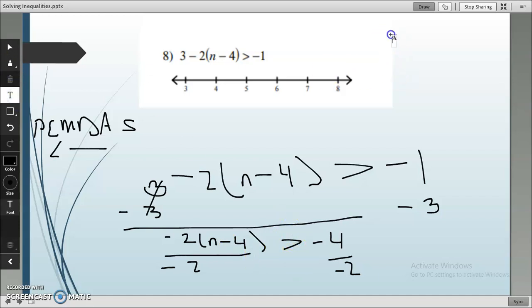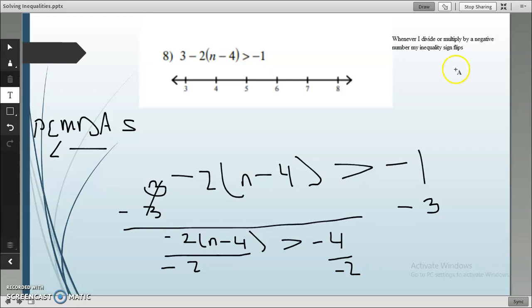So let's write that down. All right, so whenever I divide or multiply by a negative number, my inequality sign flips.